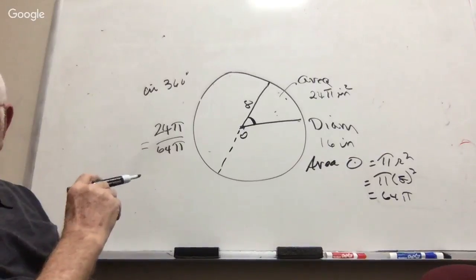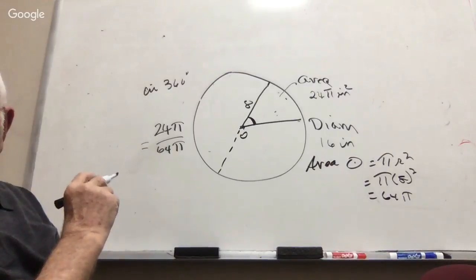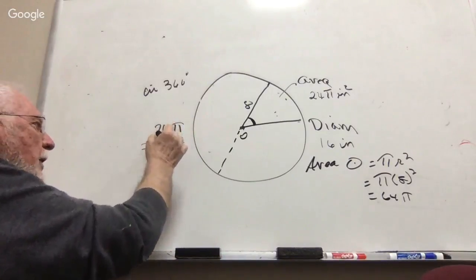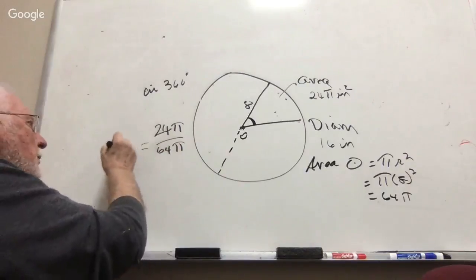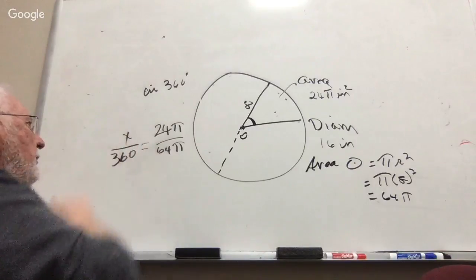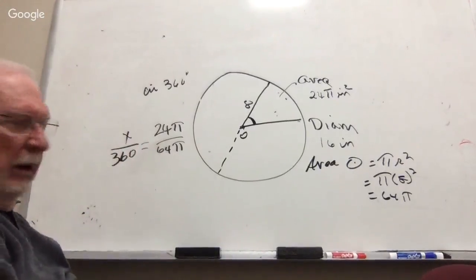Now, if this is the ratio of the area of that to the whole circle, it's 3/8. We've got 360 degrees in the whole circle, and so we need to know how many degrees are up there, right?